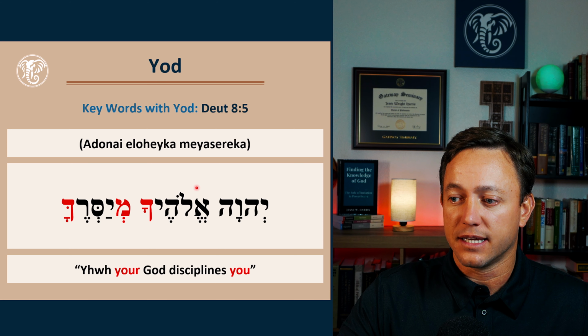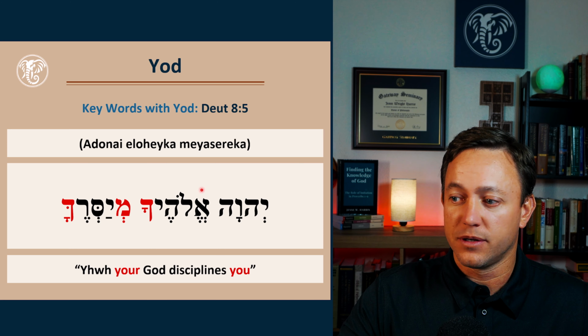And then we have, again here, a very common combination, Elohe, from Elohim. So Eloheha. Of course, we just saw this a second ago. This ka means your. So the Lord, your God. And then we have me yasereka. So you can see that root word in there, yasar, right? Which again means to discipline or to teach, to guide, instruct.